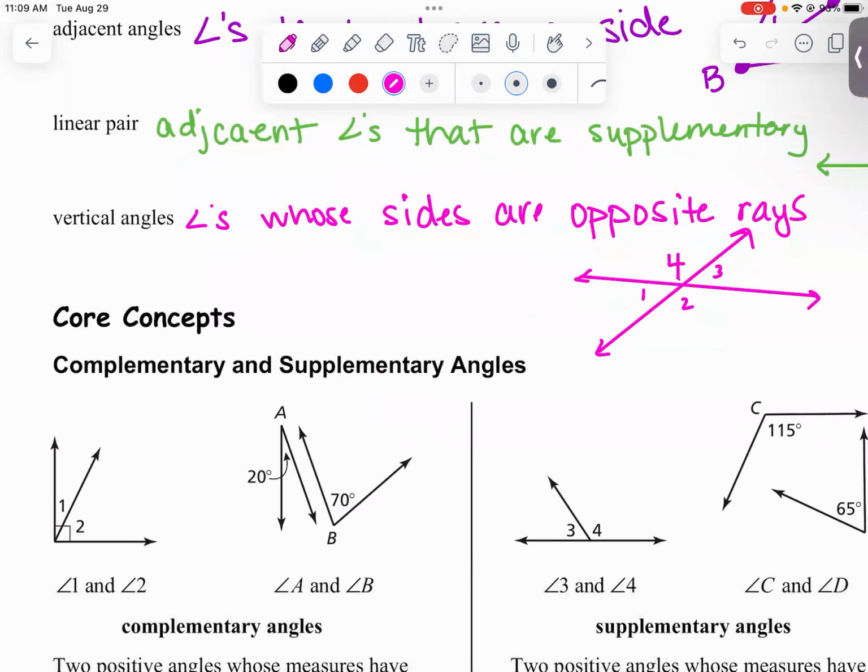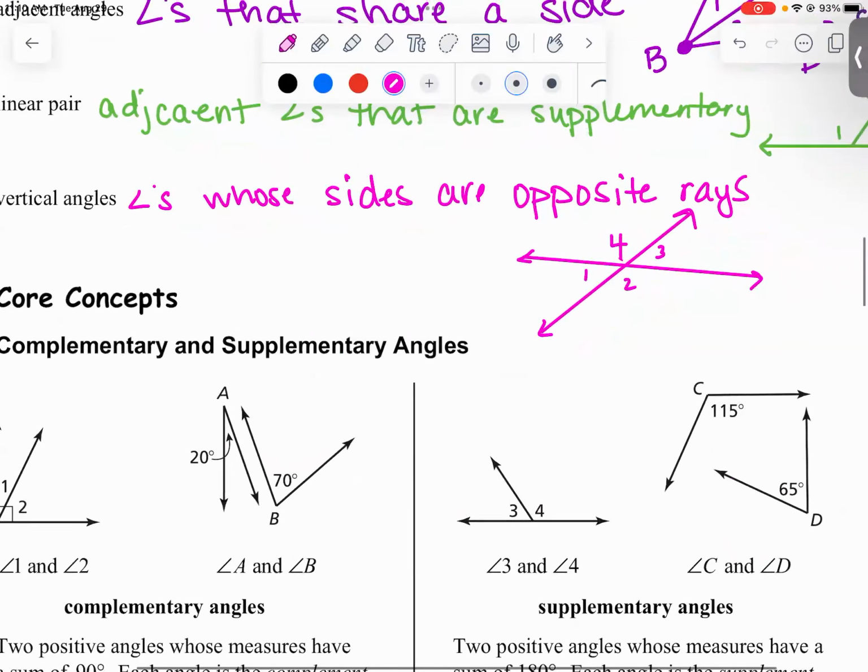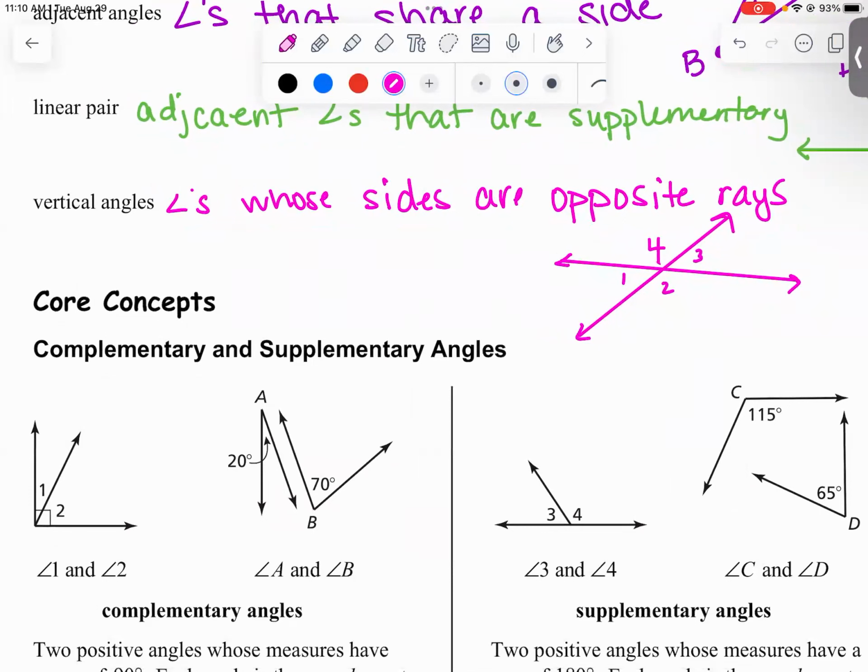Okay, so in pink, I want you to write that down and draw that picture. All right, so angles whose sides are opposite rays, they're also across from each other.